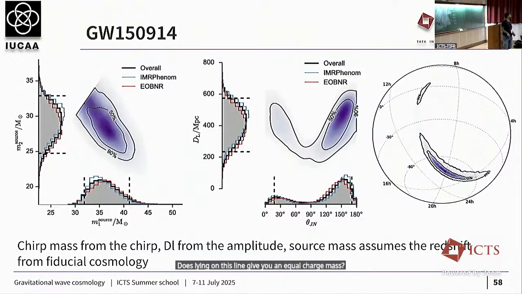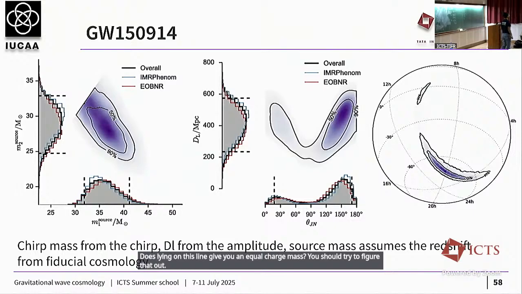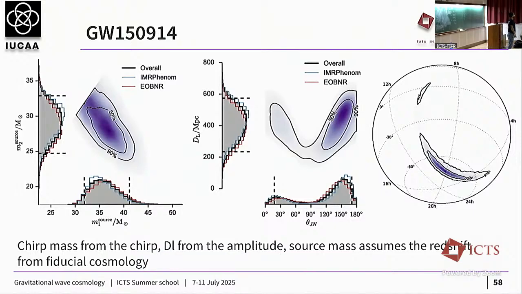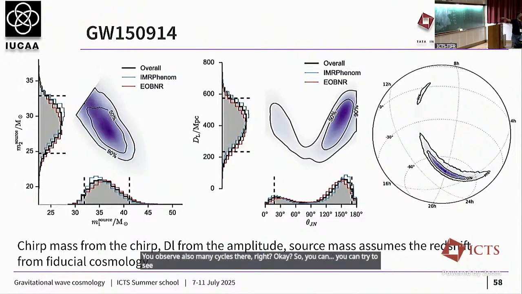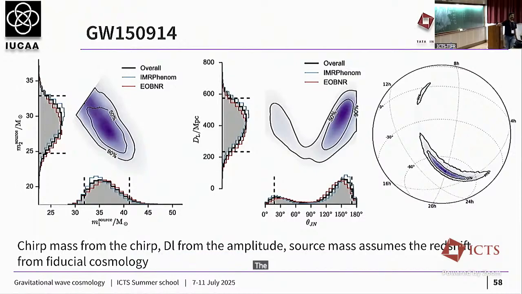You should try to figure that out. Yeah. For this, it is quite much, right? You observe also many cycles there, right? Okay, so you can try to see this M1 and M2, and based on the derivations that we did, those things actually do pop out in the results as well.